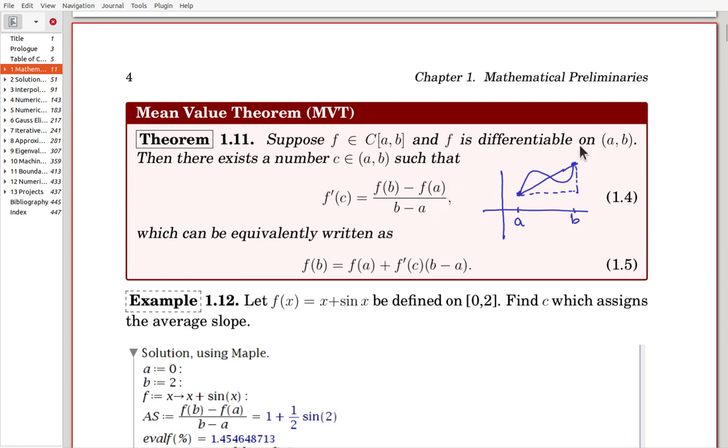And there is at least one point C such that the slope at C is the same as the average slope. If you move this line parallelly until it becomes a tangent line like that, we get such a C, and at two positions, so this can be C and that can be another C.